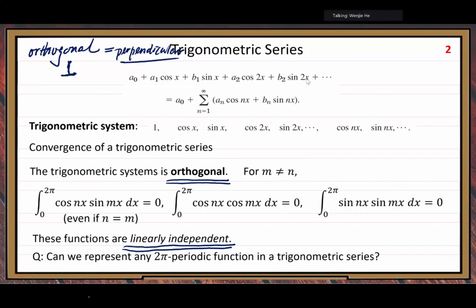That means when you do the inner product between two vectors, you get 0.